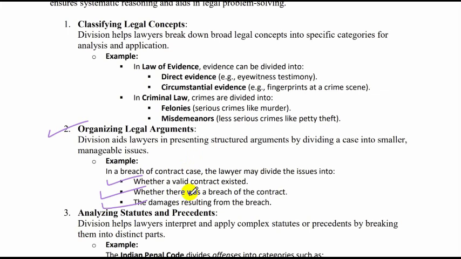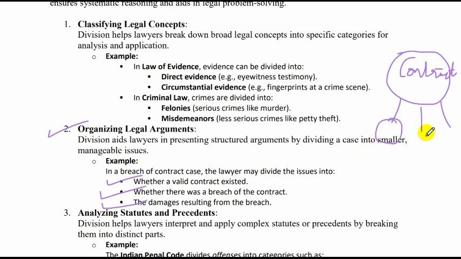The broad category is divided into subcategories. So there was a breach, there was a contract, and there were terms in this contract. Now these terms are further subclassified as whether this contract itself was valid, was there a breach, what kind of breaches had happened, and what damages can be claimed for this breach.